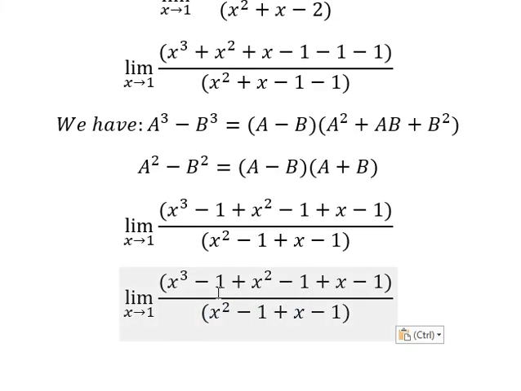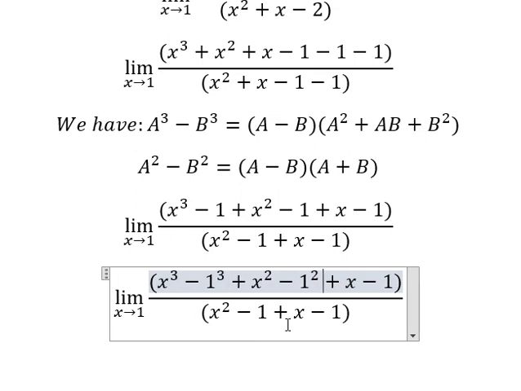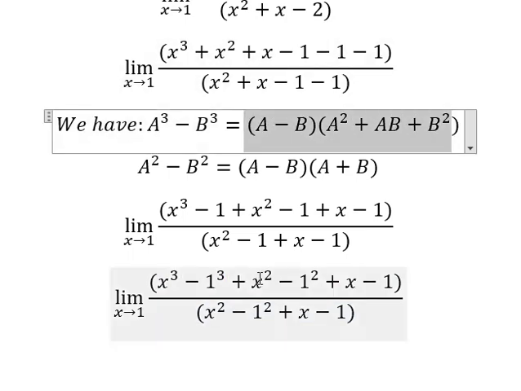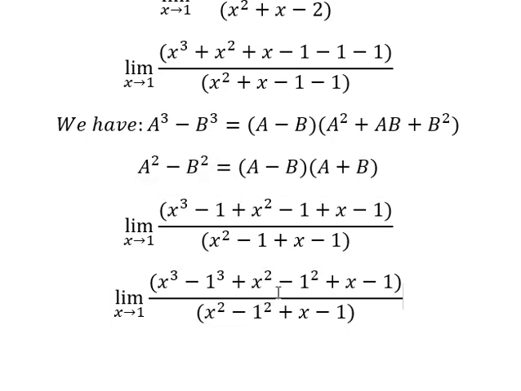So this one, that is 1 to the power of 3, 1 to the power of 2, 1 to the power of 2. Now we need to transform this one into this one and this one into this one.